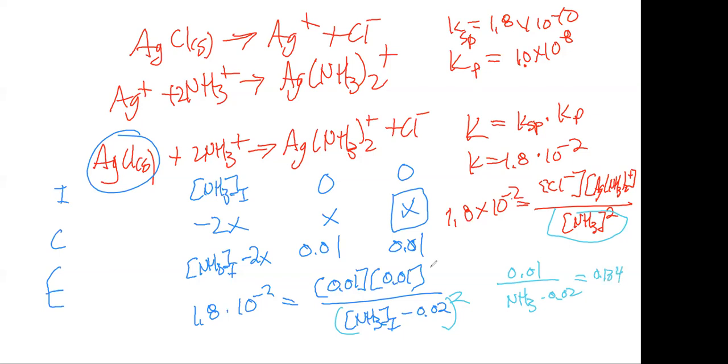Right? Because basically I could take the square root from each side. And that becomes NH3, our initial concentration, minus 0.02 is equal to 0.01 divided by 0.1342.